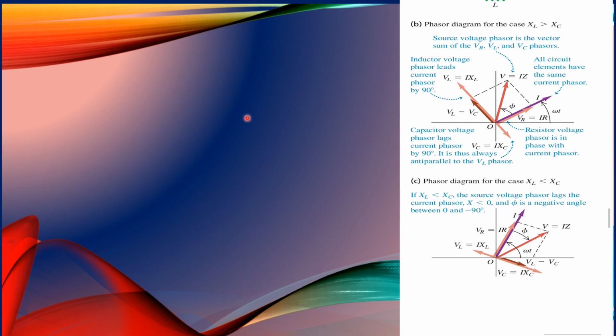In the figure, the angle phi between the voltage and the current phasors is the phase angle of the source voltage with respect to the current I. That is, it is the angle by which the source voltage leads the current.